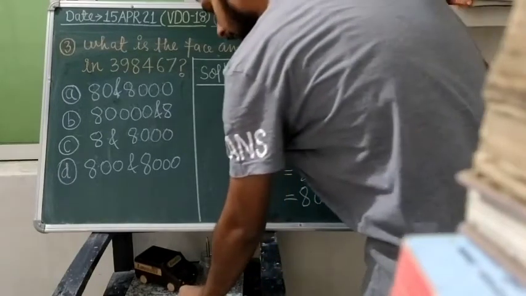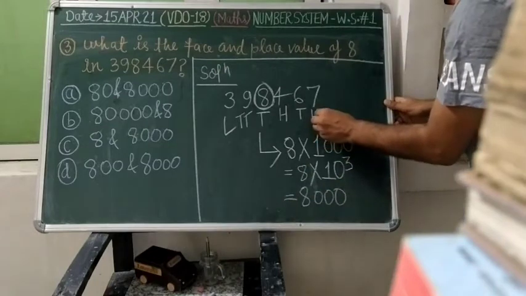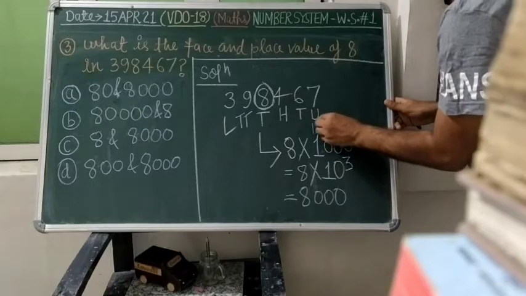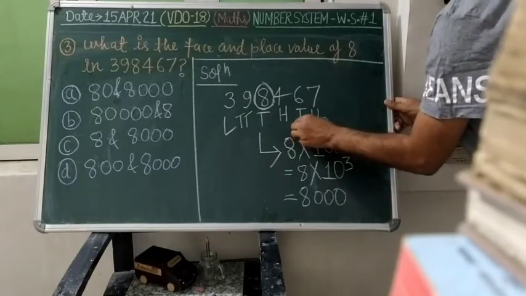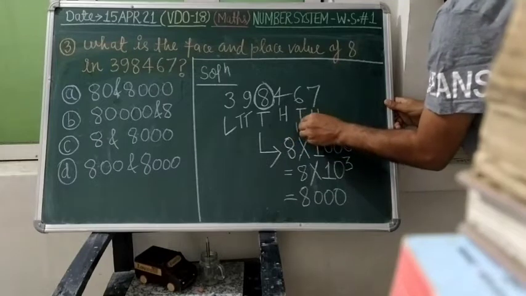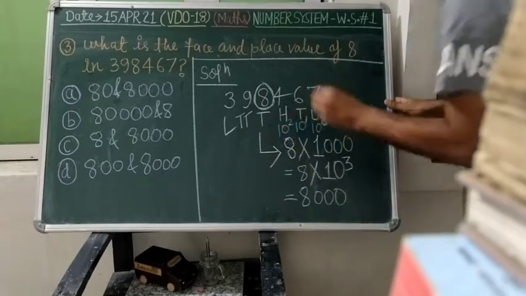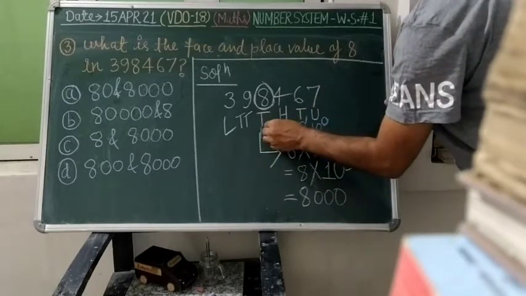For the time being, I want to tell you that at the unit place there will be 10 to the power 0. At the tens place there will be 10 to the power 1. At the hundreds place there will be 10 to the power 2. At the thousands place there will be 10 to the power 3.